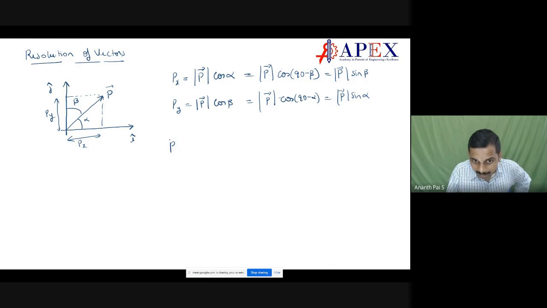And P vector is always equal to Px cos alpha plus Py sine alpha, or, I'm sorry, this is wrong, students. It is always equal to Pxi plus Pyj. This is how you can write.